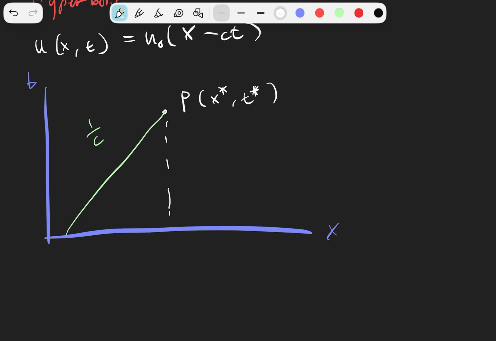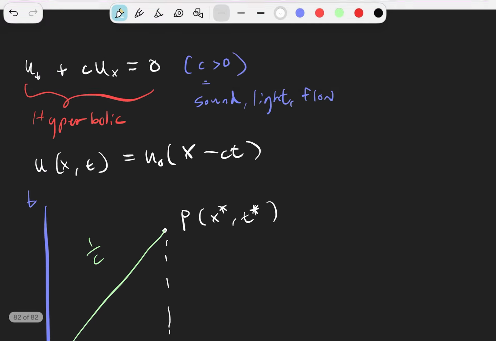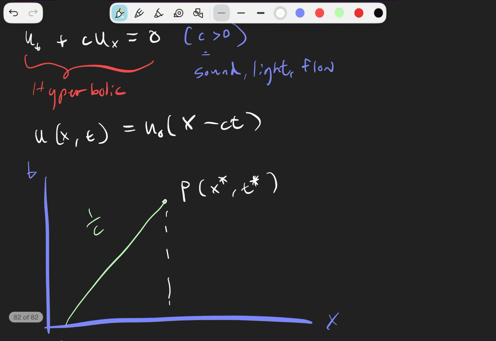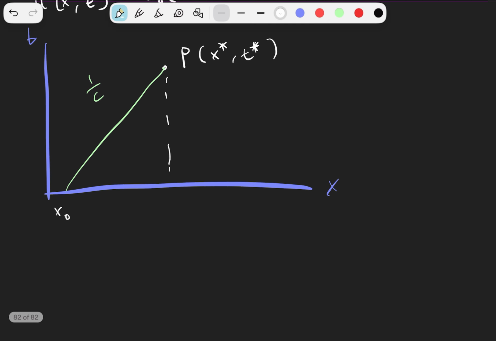All right? And what the characteristic curve is showing you is how to understand something called the domain of dependence. Right? And the point at which it intercepts would be the initial position that we would be subjecting this hyperbolic system to.